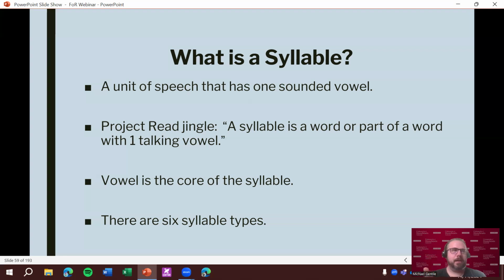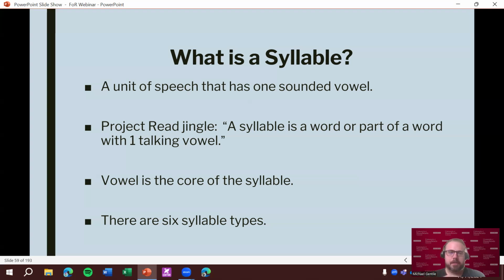Okay, so how do you figure out what a syllable is when you're working with students? How to split up the syllables is called syllabication. So anytime you say a word that has multiple syllables, what you'll notice is that your mouth is going to have to open to make a vowel sound.